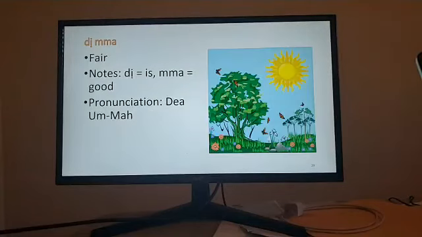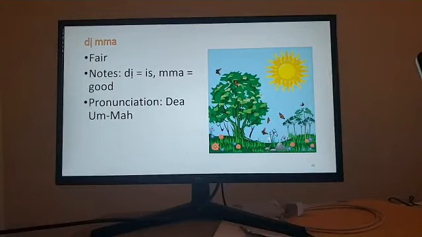Okay, fair, and you're basically just saying that something is good. So a fair day in American English, you're just saying a good day, a good weather day. Remember, a lot of the English that is behind or interpreted from the Igbo language actually came out of British English.